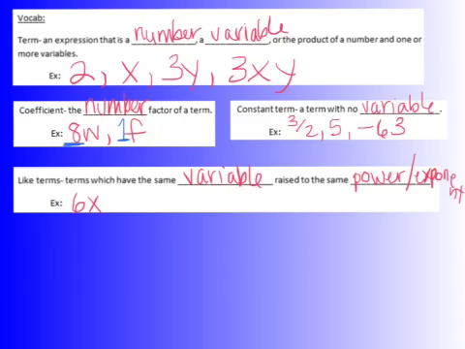Well, 6x and -5x. Because both of them have an x, and the x's are both raised to a power of 1. We also could say y to the third power and 4y to the third power. Those are also like terms because they both have the variable y and they're both raised to the third power.